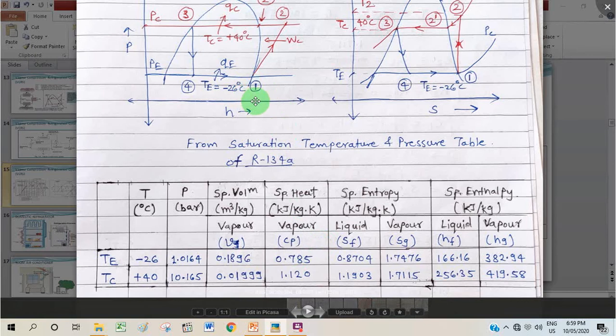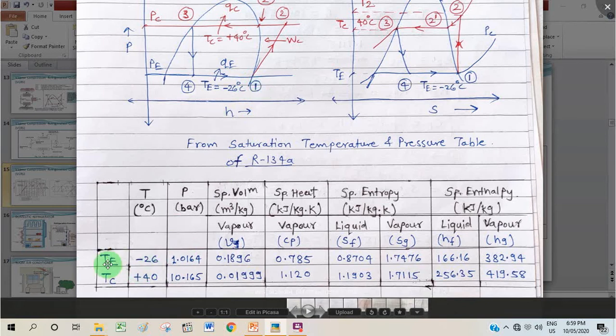For 1, the primary properties required are enthalpy, entropy, and the other ones. The other properties like density and specific heat can be taken as per the requirement.